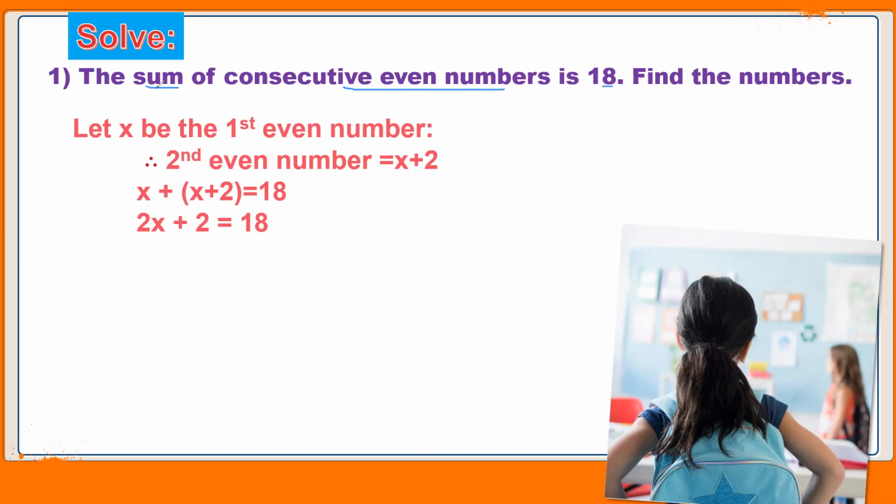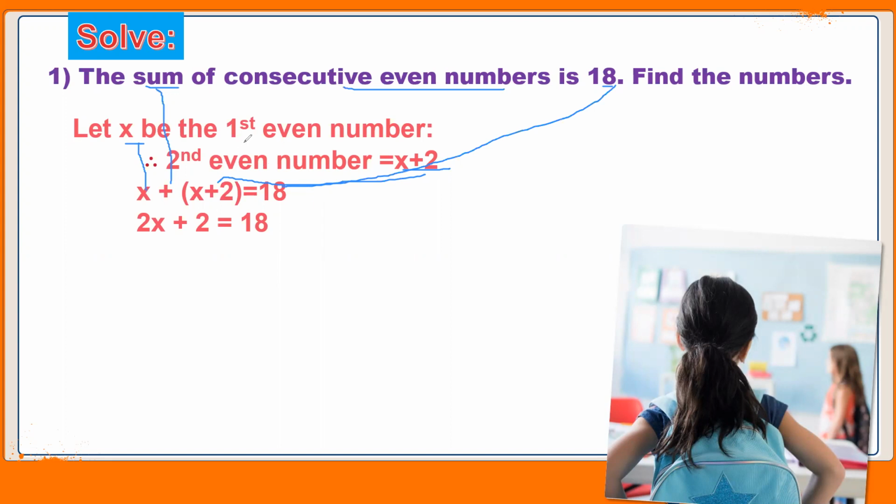Sum means the plus sign. So the first number is x, so write down x here, and the second number is x plus 2. I have written it within a small bracket. First even number plus second even number is 18. That means this is equal to 18.